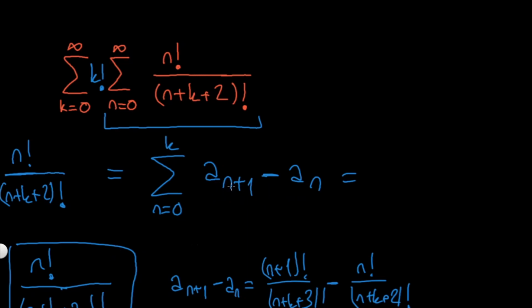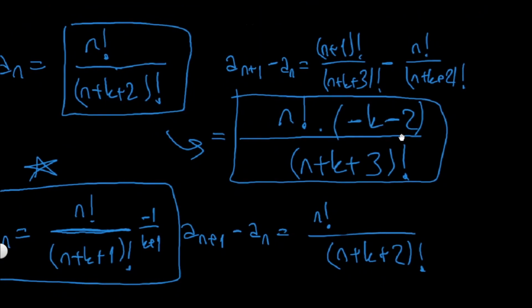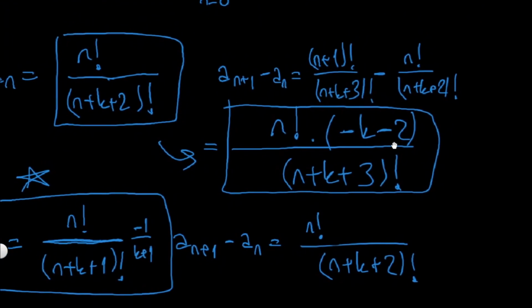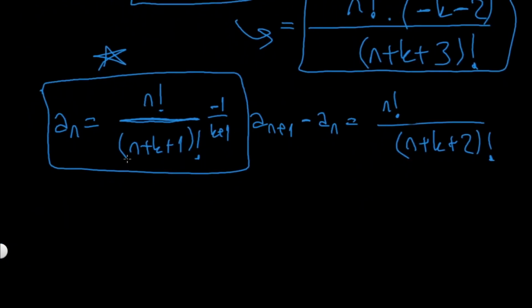And now when I calculate this, all of the middle terms will simplify, and I will get a_{k+1} minus a_0, from 0 to k. Okay? And what is a_{k+1}? So I will just put n plus 1. And I will also put 0. So when I put 0, let's just put them here, and then I will substitute them at the top.